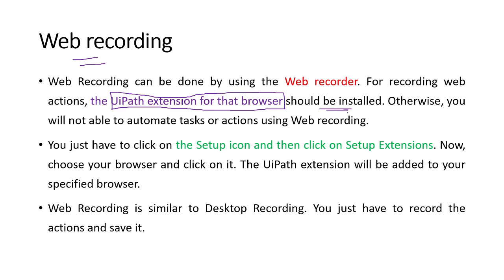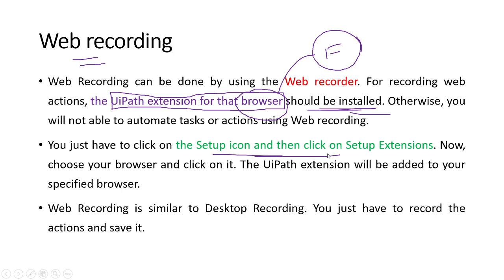Do you remember the steps that we did when we were trying to extract the data from a Flipkart website? It means if you have targeted a Firefox browser to record the actions performed by the human being on a Firefox browser, then an extension for Firefox browser has to be installed in UiPath Studio. There is a step over here on how to do that.